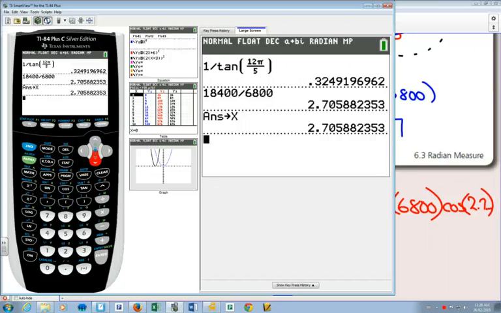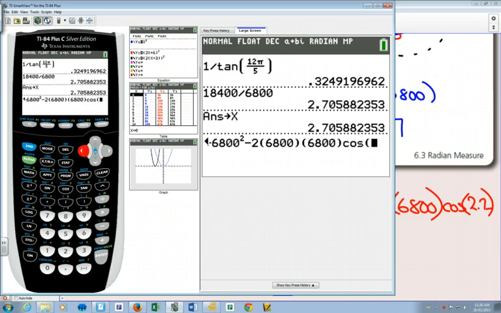So now I can write in exactly what I see, 6,800. And I'd like you to do this all in one step. 6,800 minus 2 bracket 6,800 bracket bracket 6,800 bracket Cosine. Now instead of typing in all those things and losing some decimal places, since I stored it as x, I can just type x and the calculator will do that for me.